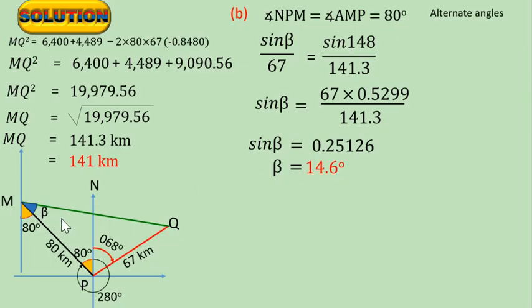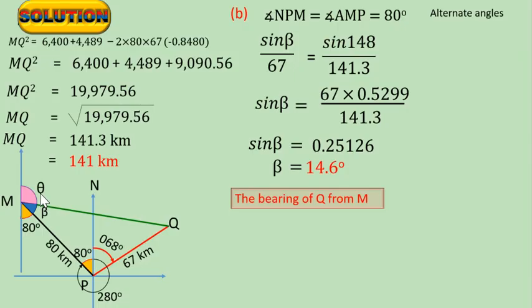Now we know the value of beta. So the bearing of Q from M will be the angle from here all the way to this point, this angle. So I will highlight that angle now. Let's call that angle theta.